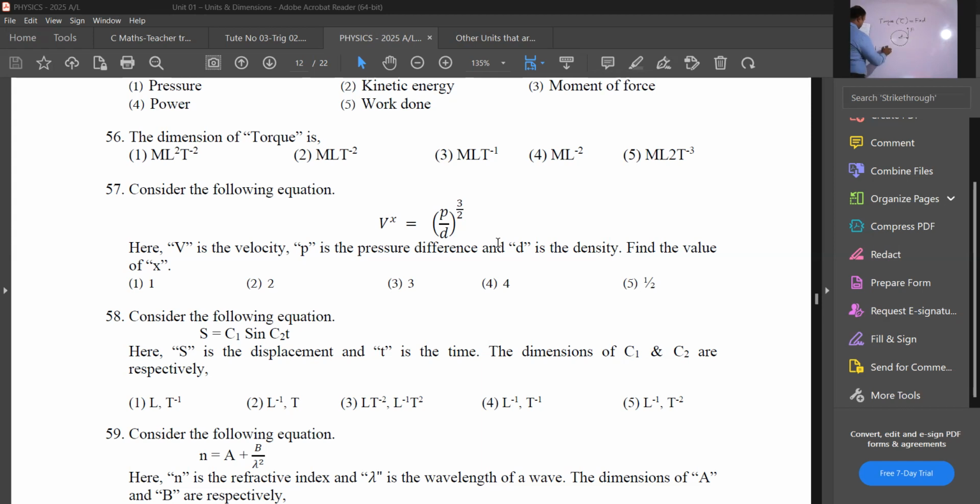Then L T minus 1 into X. Pressure is M L minus 1 T minus 2 over density. Density means M L minus 3.